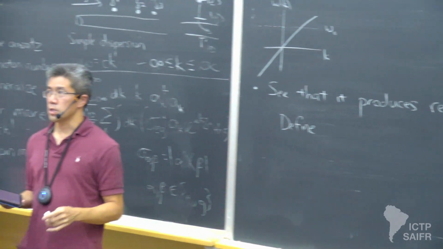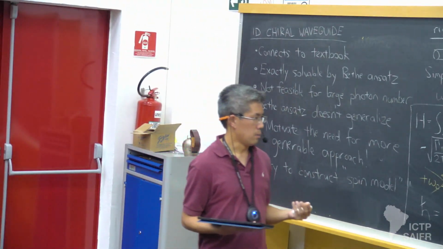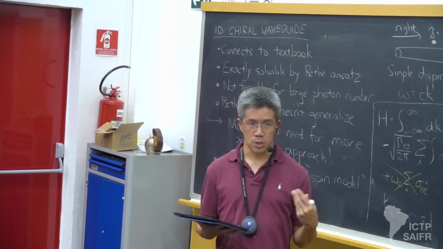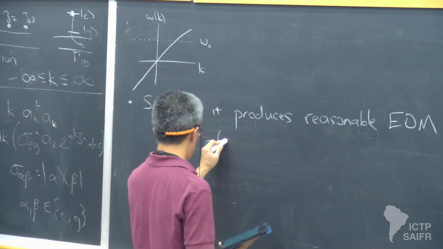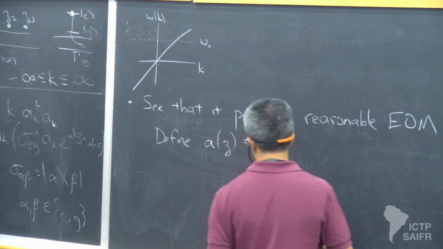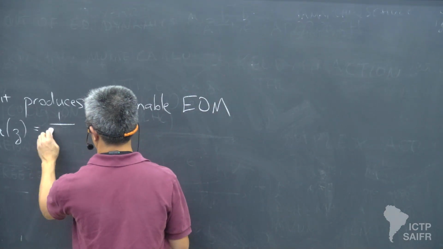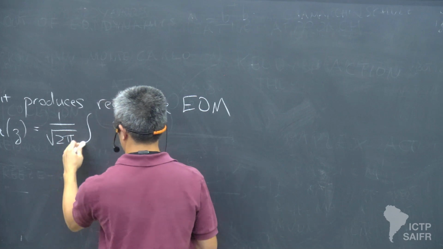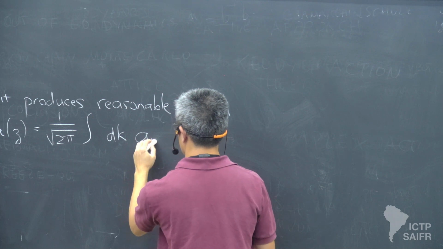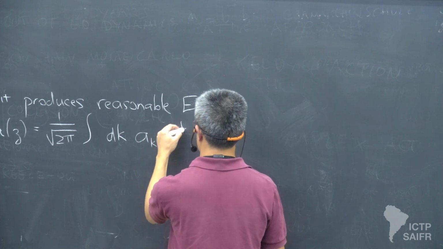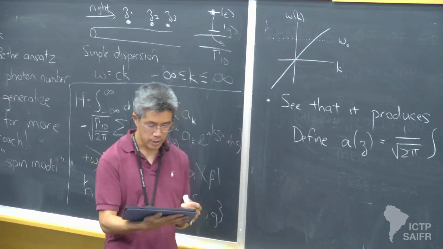So to that end, in classical optics or in Maxwell's equations, we're more used to defining and thinking about fields in position space. So we can adapt a similar approach here. I can define a photon annihilation operator in real space, which is just the Fourier transform of the annihilation operators in k-space.